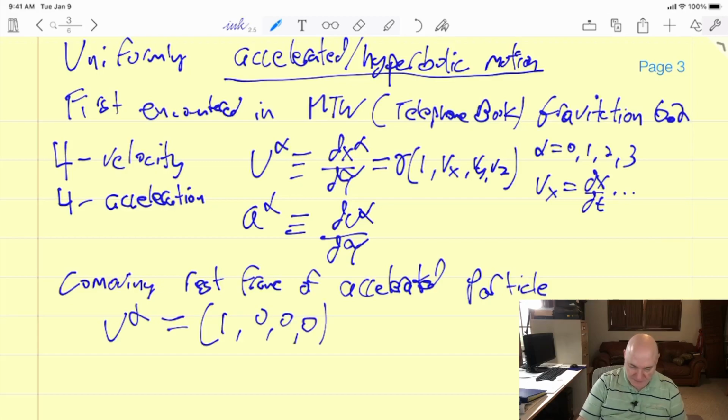You know, since the particle's at rest, all its components of the velocity are 0 in that frame, and therefore, dt and d tau, since they're moving at the same velocity, are the same. And likewise, the acceleration has components where the vector a, which has components ax, ay, az, is often referred to as the proper acceleration.